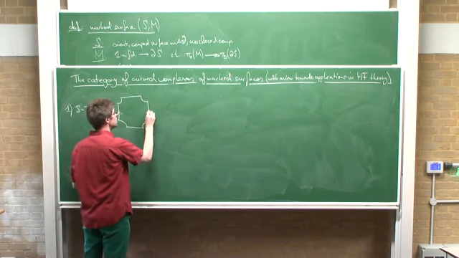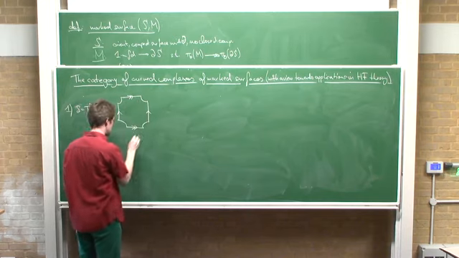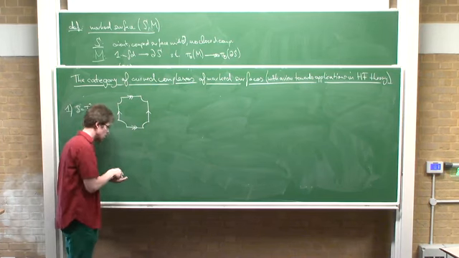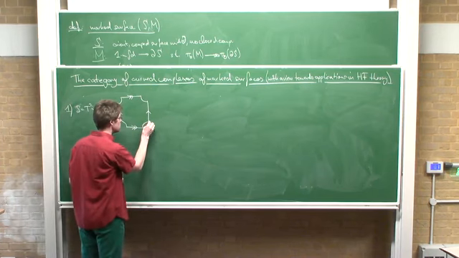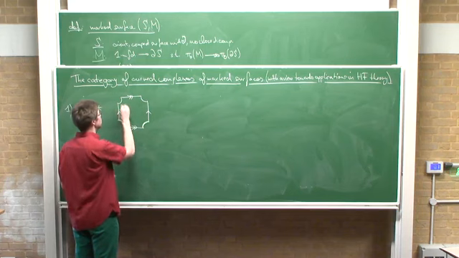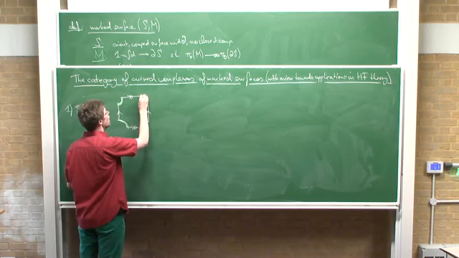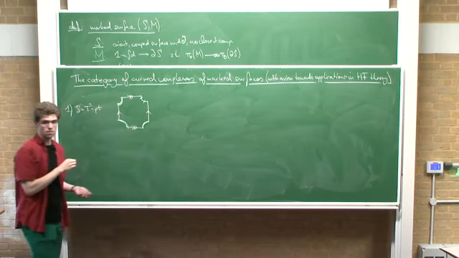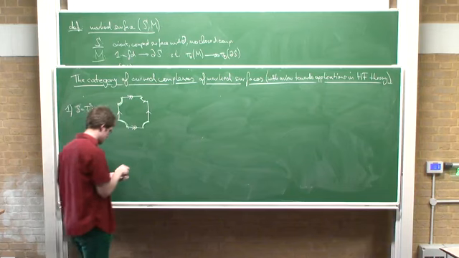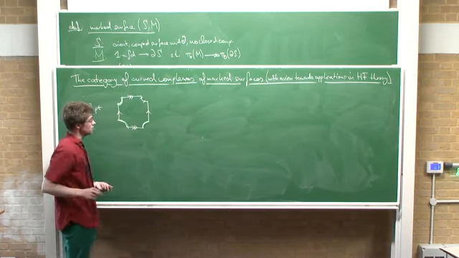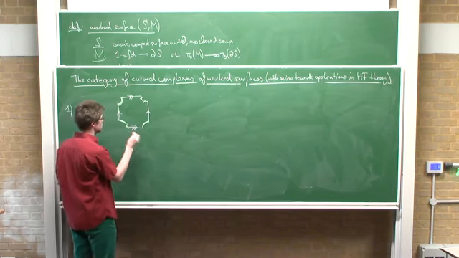Well, we identify opposite edges, and this is part of the boundary. I can put a marking on this here, and maybe I don't mark this region. Then I need to draw some arcs on this surface that cut it into disks.